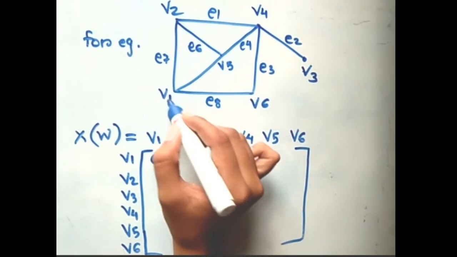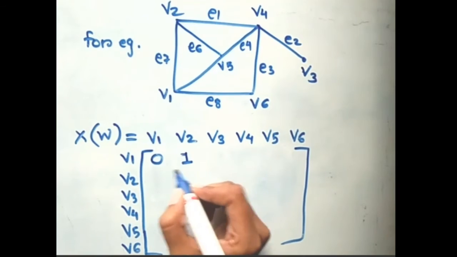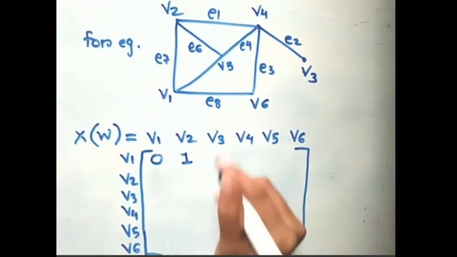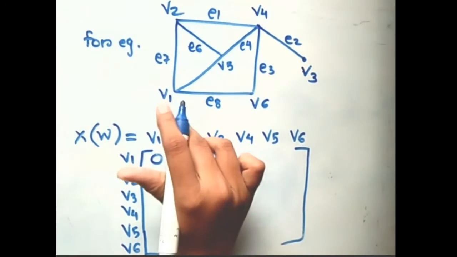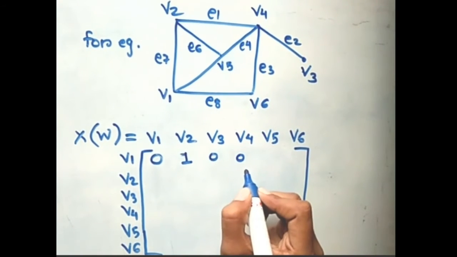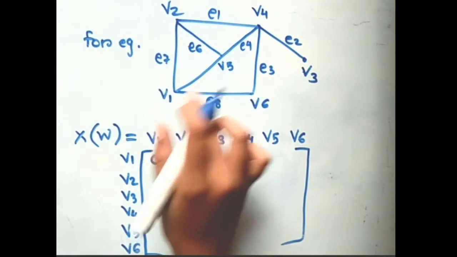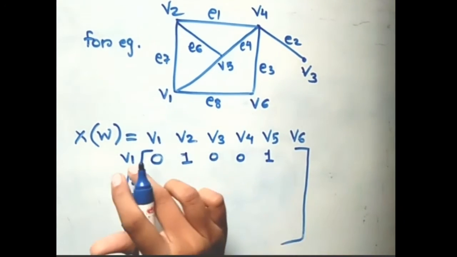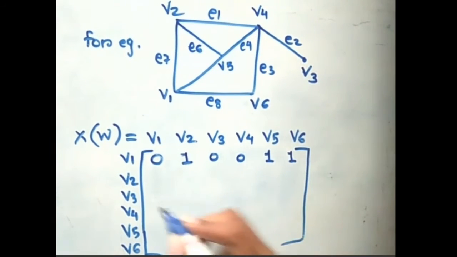For v1 v2, edge e7 is present, therefore we will write 1. For v1 v3 no edge is present, therefore 0. For v1 v4 no edge is present, therefore 0. For v1 v5 an edge is present, therefore we will write 1. For v1 v6 edge e8 is present, therefore we will write 1.